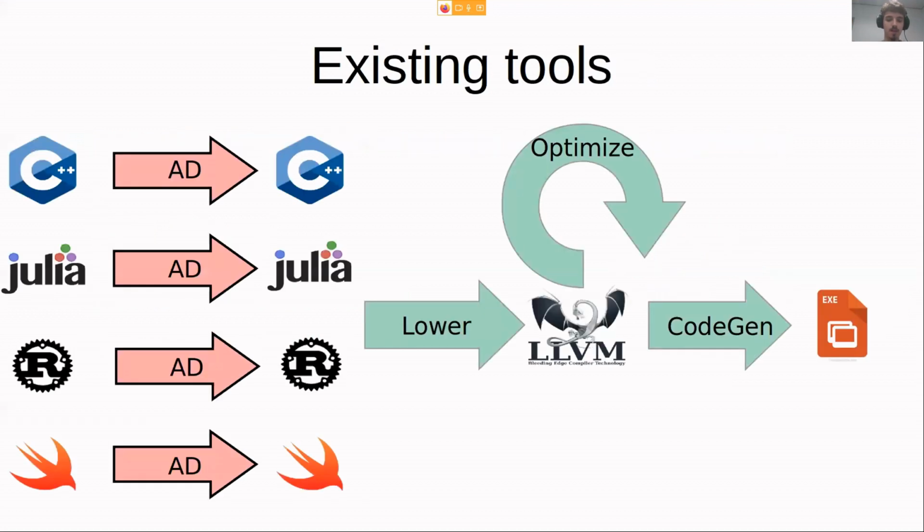So let's give an overview of how we can see autodiff toolings like Burn or DFDX or even most other languages. They take one input language, let it be C++, Julia, or Swift, and transform it, so they kind of rewrite your code in order to get some code that is going to calculate gradients for you. So the output is still going to be whatever you've fed in there. So in our case, it will still be Rust code.